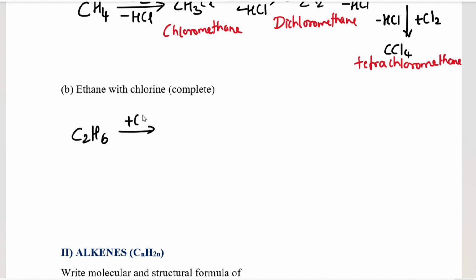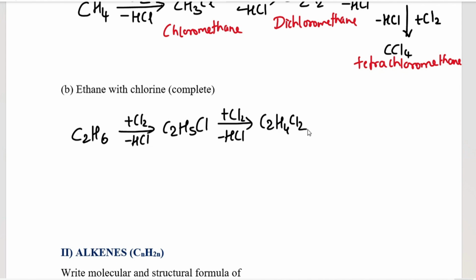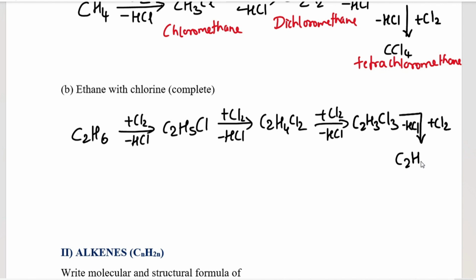So here you will come across 6 steps because every hydrogen has to be replaced. Okay, so you can write it C2H4Cl2, one more chlorine molecule, remove HCl, C2H3Cl3, one more chlorine molecule, remove HCl, C2H2Cl4.